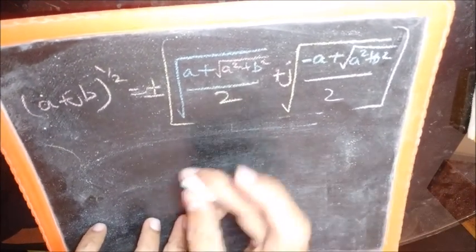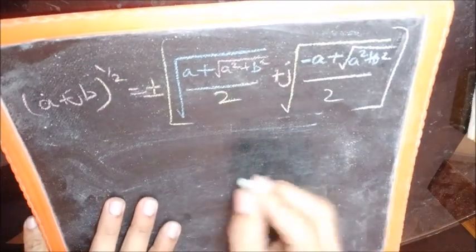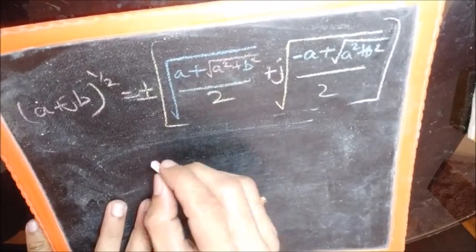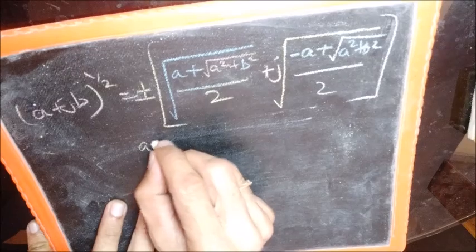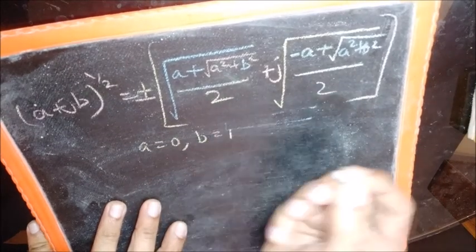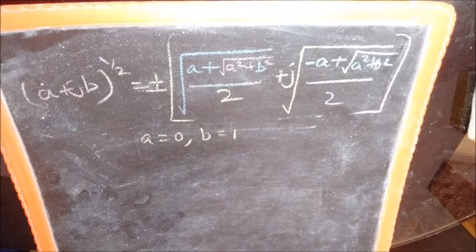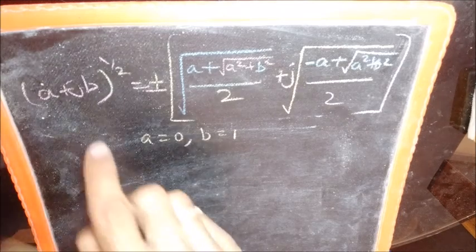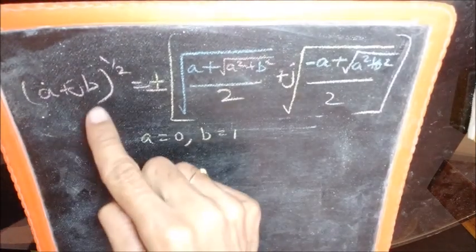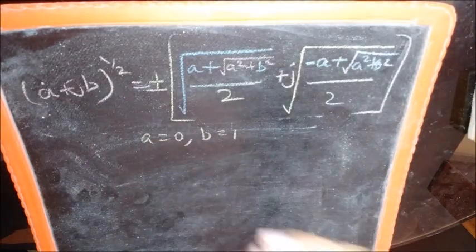Now very quickly, let us take two very simple examples just to demonstrate the result here. Let's say a is 0 and b is equal to 1. So we are basically trying to find out the square root of j, because when I put a 0 and b 1, I get the result as j raised to 1 by 2, that's square root of j.